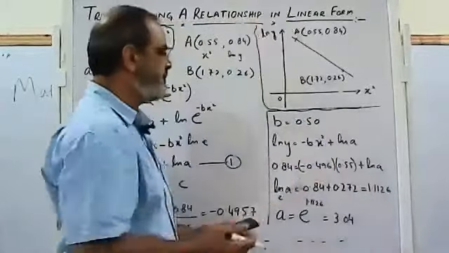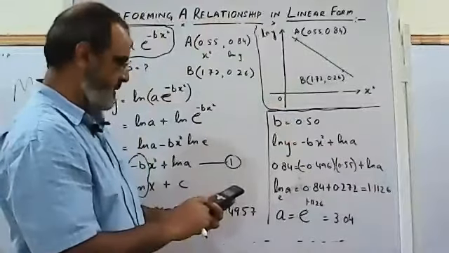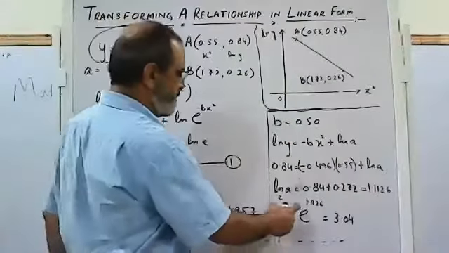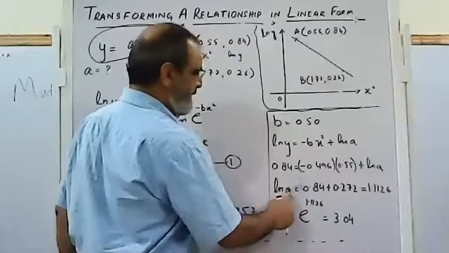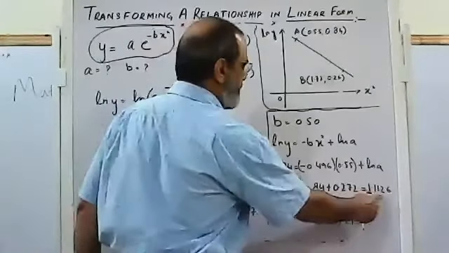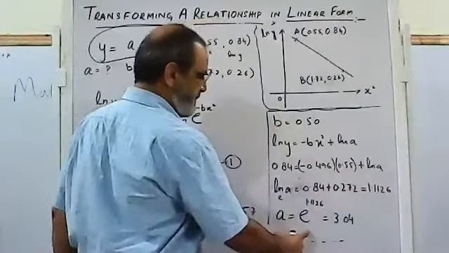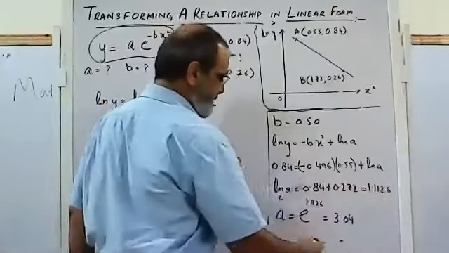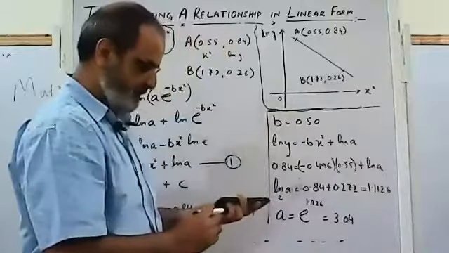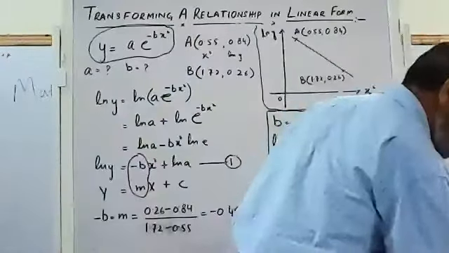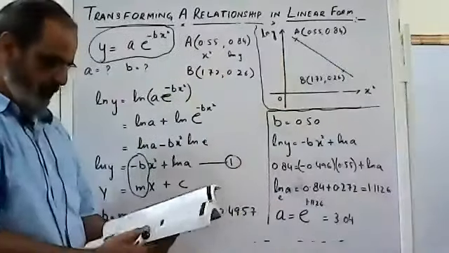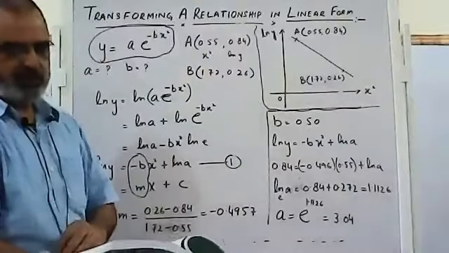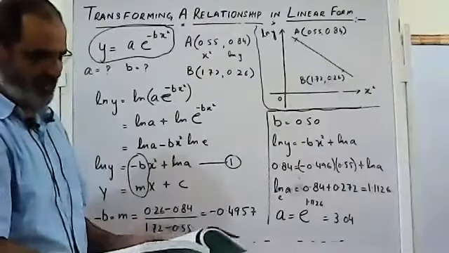So after adding them, we get 1.1126, and then I have changed ln of a is equal to 1.1126 into exponential form by taking e as the base, e to the power 1.1126. It is something new for you. It's not difficult. You just have to concentrate on the statement.